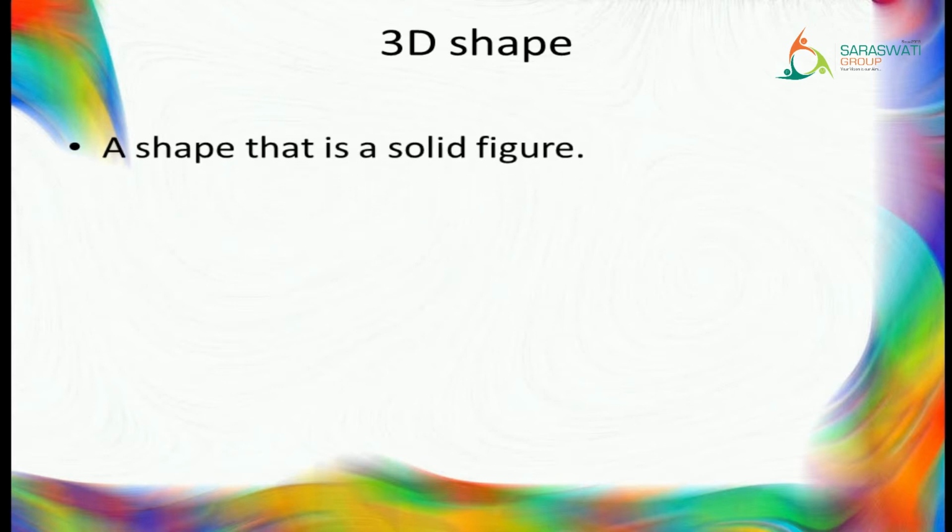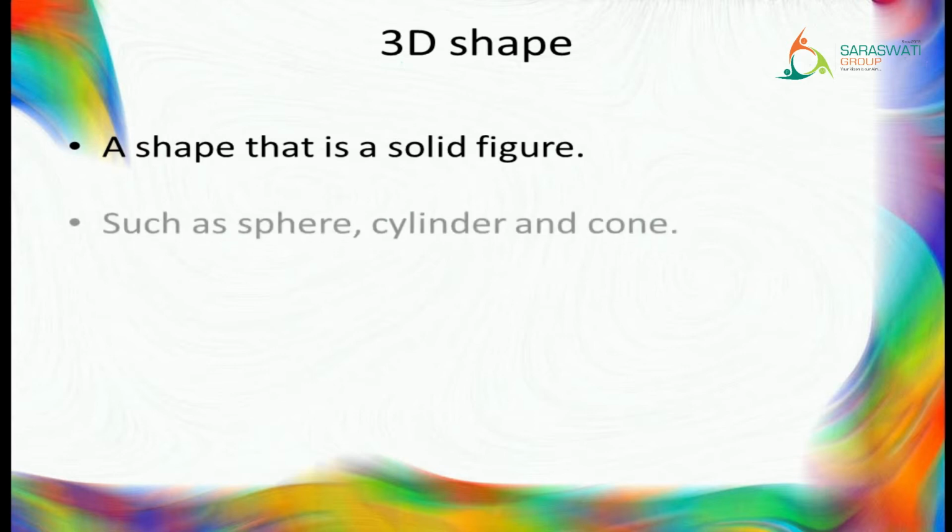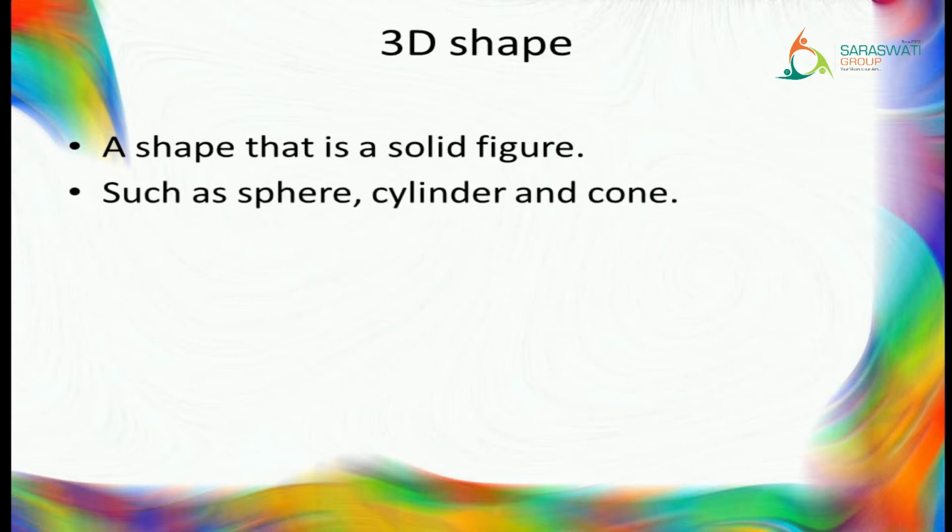The meaning of it is a shape that is a solid figure. Here figure means diagram or any picture, like the shape of a cuboid, right? Sphere, cylinder and cone, right?